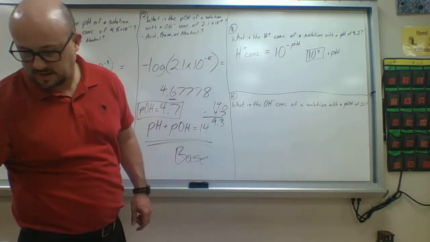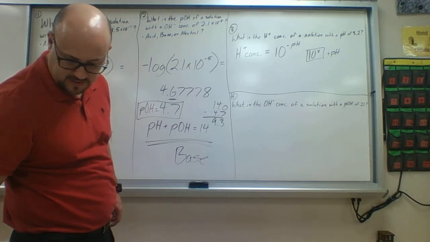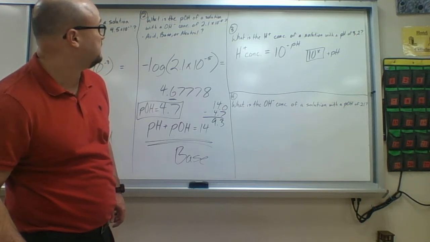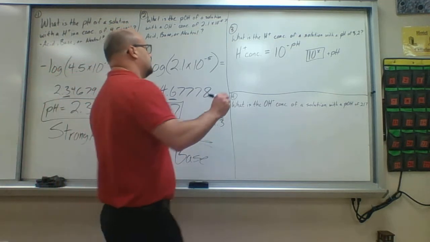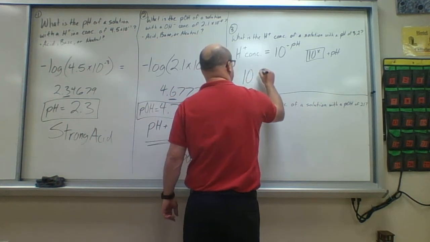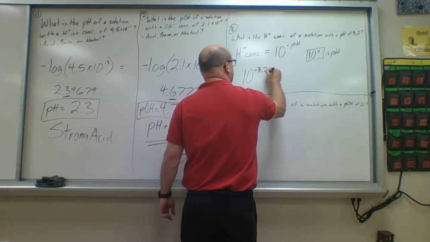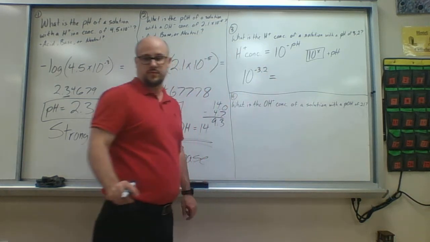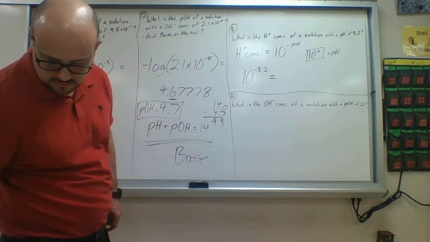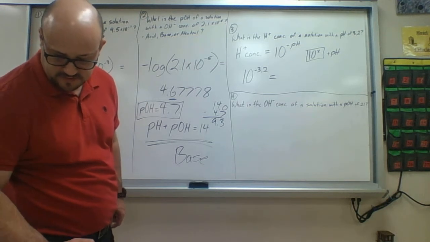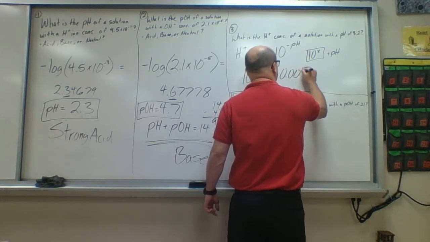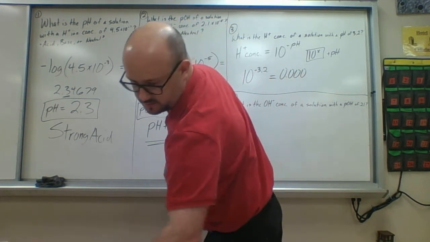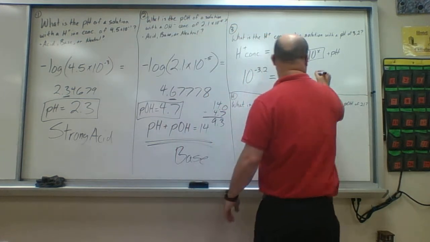So over here, I'm going to hit 10x negative 3.2. So 10 to the negative 3.2, and that gives me 0.000631.